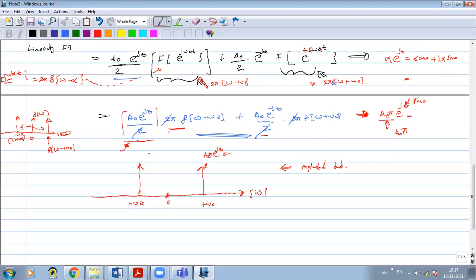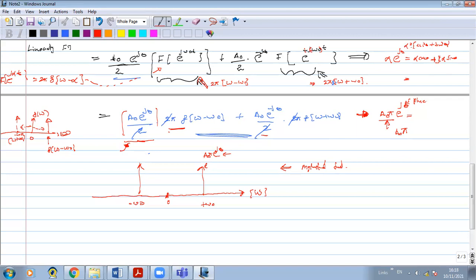So alpha square cos square theta plus alpha square sin square theta. Taking alpha square out, you have cos square theta plus sin square theta, which is 1.